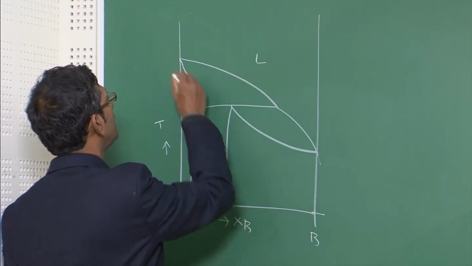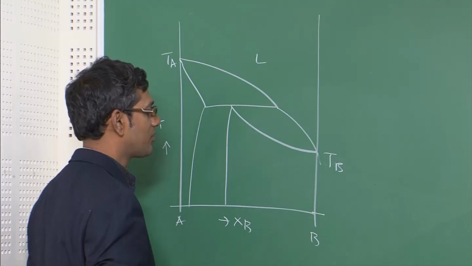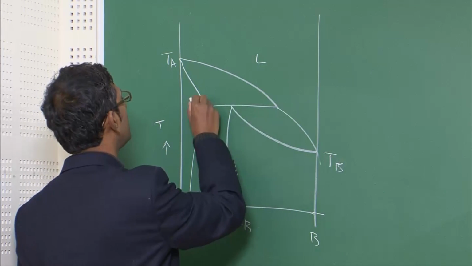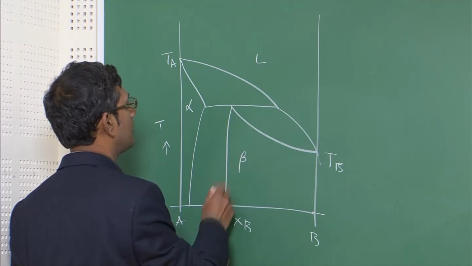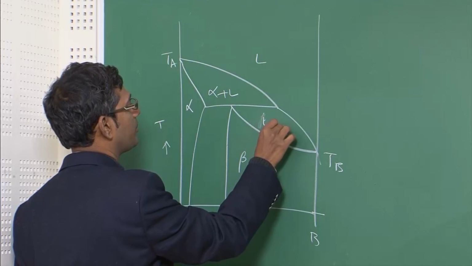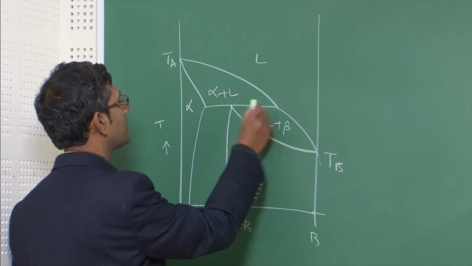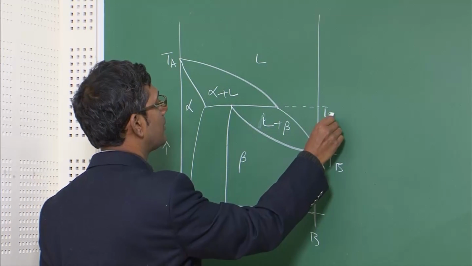So, this is the liquid. Let me first draw the melting temperatures of A and B, liquid, alpha, beta, and this is alpha plus liquid, this is beta, liquid plus beta, correct. So, this has a peritectic reaction at the peritectic temperature Tp.